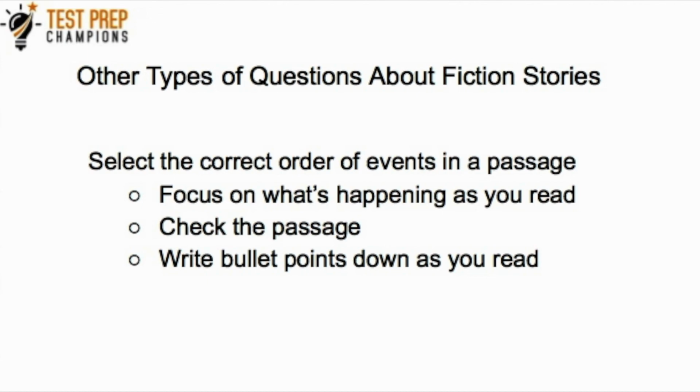Like I said, some of the questions you have to read the passage to answer, and if you get a question that says select the correct order of events, you're going to have to read the full passage, or at least enough of it to answer the question. But the key is to focus on what's happening as you read, go back and check the passage, and if you want to, put down some bullet points as you read to help you follow the events.